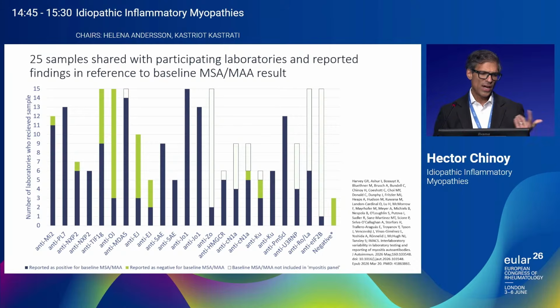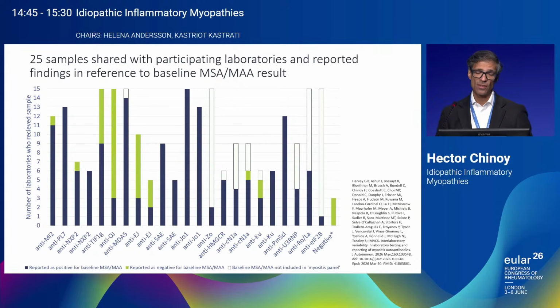So the y-axis is the number of laboratories who received and interpreted the sample, and if we look at the left-hand side, we can see anti-Mi-2. The blue bar is when the lab reported the result correctly for the baseline sample. The green is when the lab reported as negative for that particular sample.